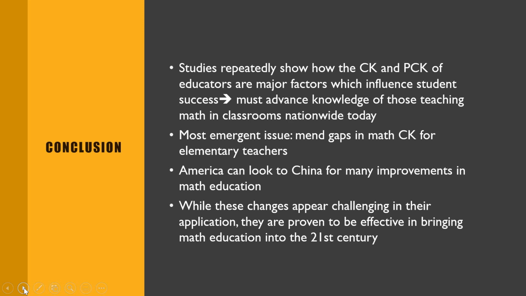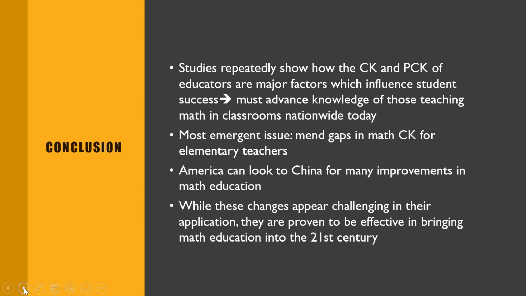So it's pivotal to advance knowledge of those teaching math in classrooms nationwide today. While middle and high school math still need to be improved upon, it's most emergent currently to establish stronger math competency in elementary grade teachers, since these are the teachers who have the hardest time explaining the reasons behind math procedures.